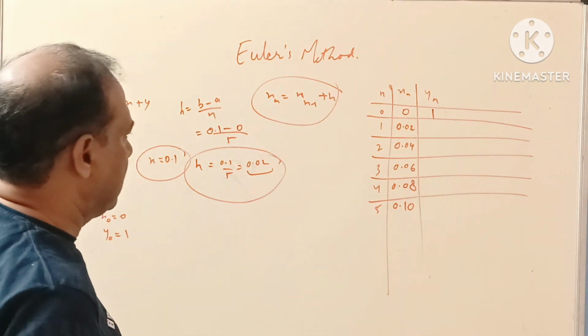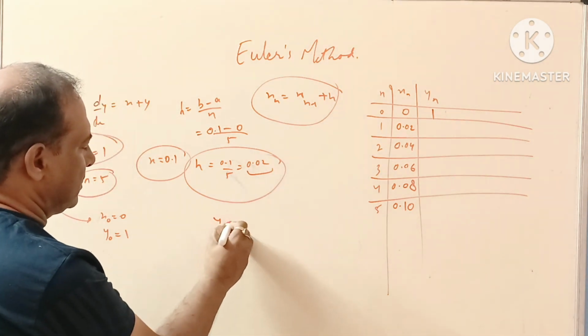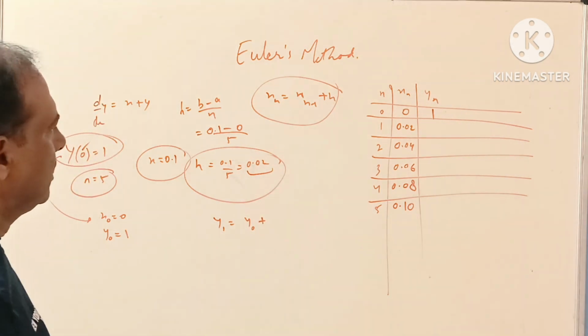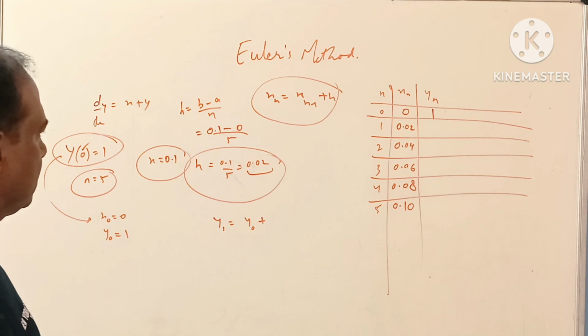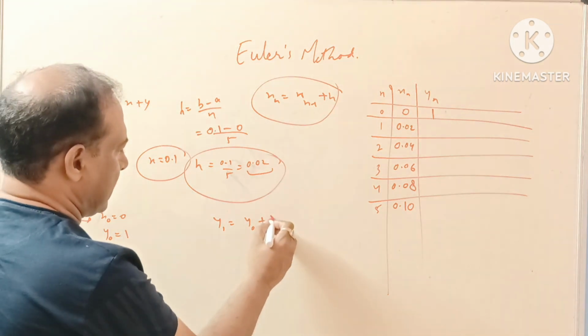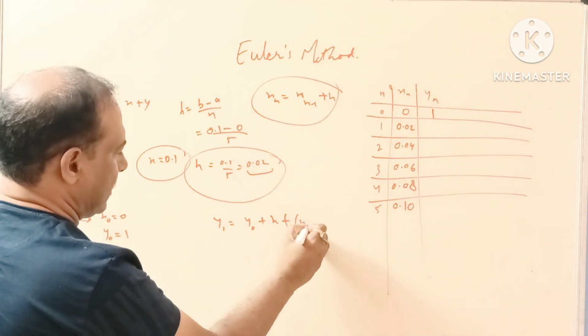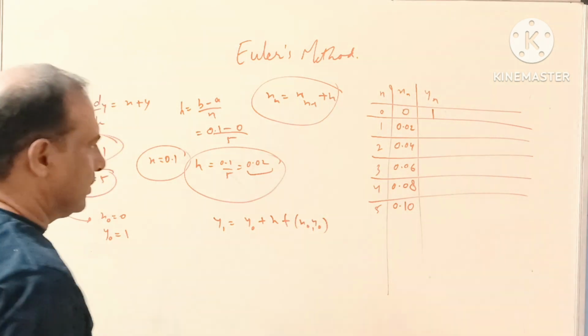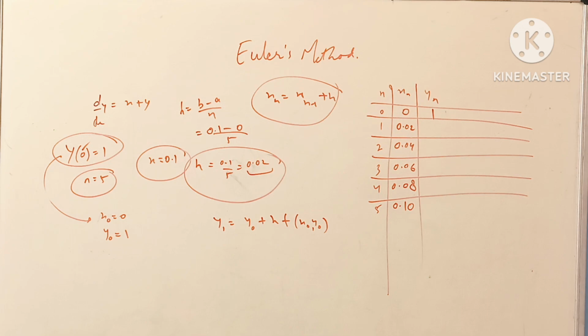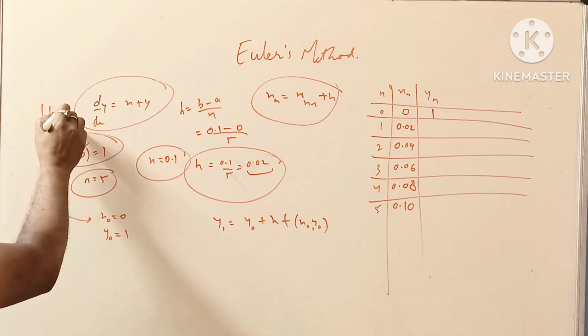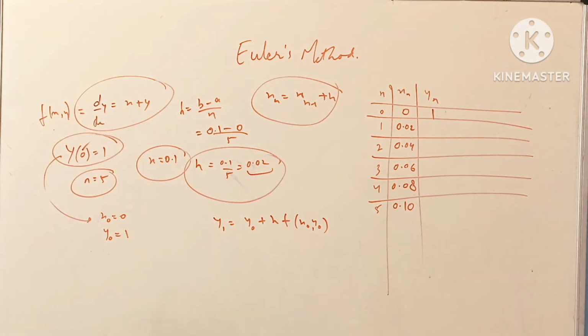We have to find the value of y1. y1 = y0 + h f(x0, y0), and f(x, y) is x + y.